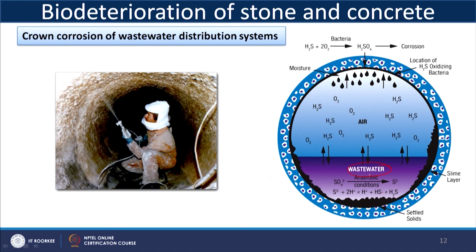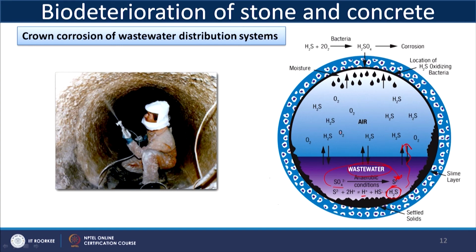In fact, when wastewater is collected, very soon you can see it turning black because of production of sulphide. The sulphate is very quickly reduced to sulphide, and this changes the color of wastewater to black, and this is anaerobic condition. And when this sulphide interacts with water, it might produce H2S gas, and then this H2S gas is released up into the portion of the sewer pipe that has air.